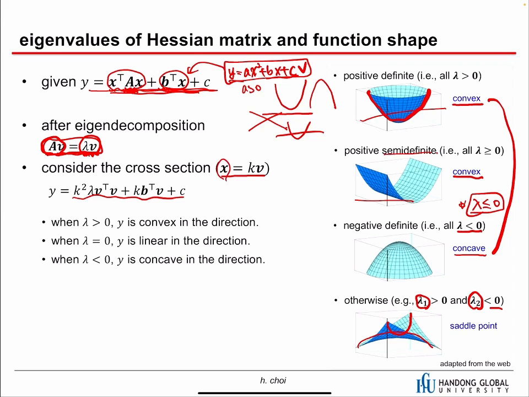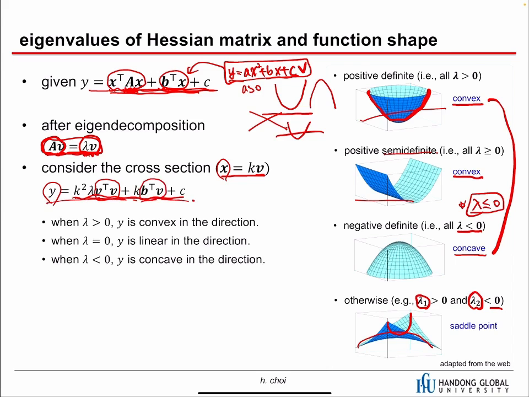That specific direction is actually the eigenvector's direction. Then in that specific direction, y is actually k squared times lambda v transpose v plus something. So now this is a scalar and this is a scalar too. So finally this is all scalar.